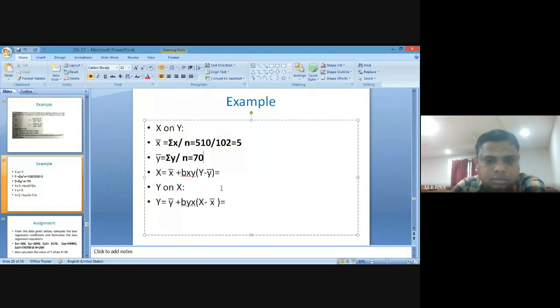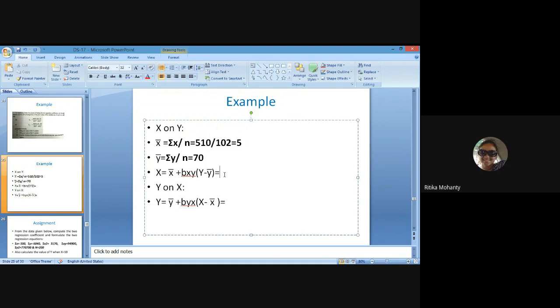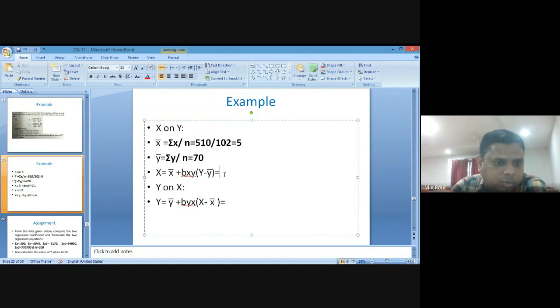And in case of x on y, we have the formula: x bar plus bxy into (y minus y bar). So try to put all the values in this particular case. X bar is given as 5. So what is the value of bxy?